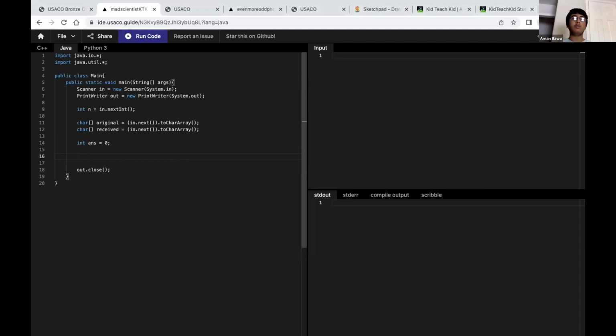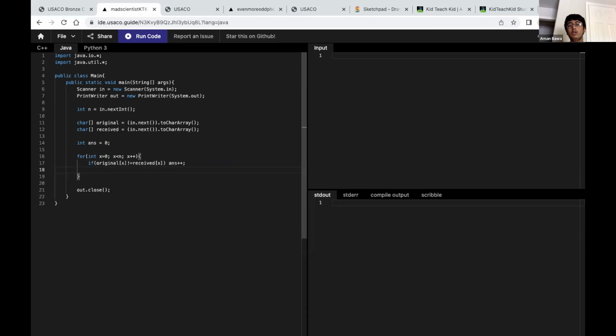So in order to do that, we're going to scan from left to right through our string. And at each point, if we have a mismatched cow, so in order to test for that, we're going to say if original at x is not equal to received at x. So if those 2 cows are mismatched, then we're going to want to increase our answer.